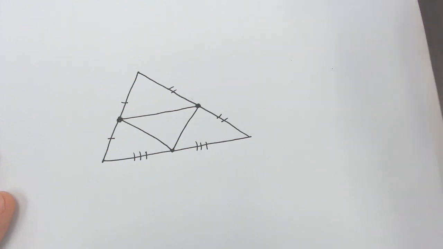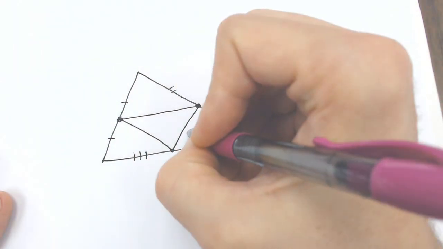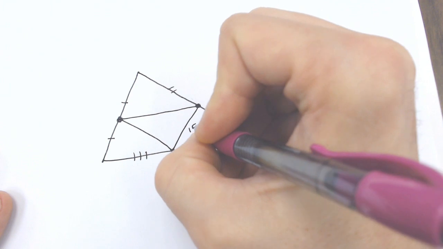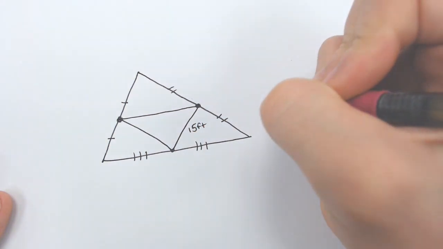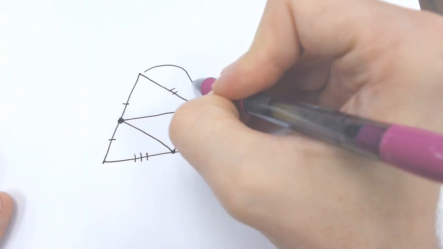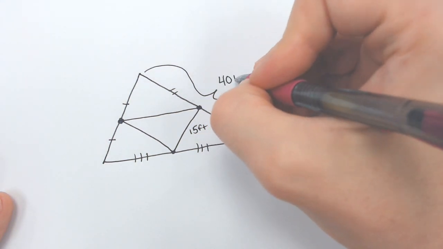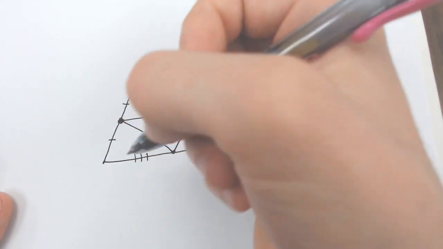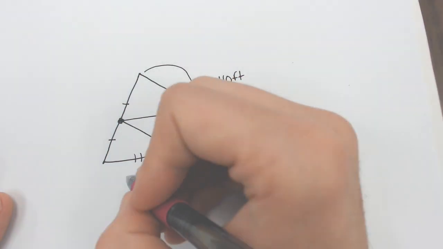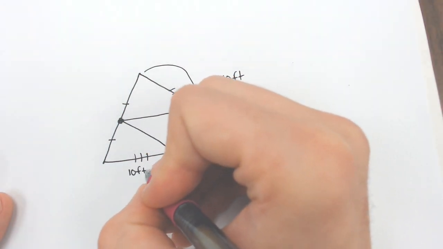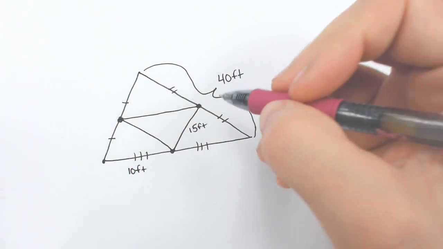All right? So if you were told that this side right here was 15 feet, and you were told that this whole thing was 40 feet, and perhaps that this part was 10 feet, we could fill in a whole bunch of things, and the 10 feet is going to be from here to here.